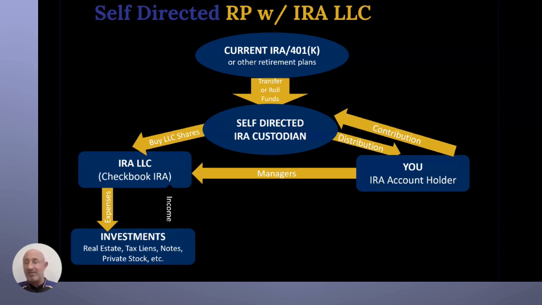You're writing the checks, the IRA is not. And then that IRA is taking title to investments and receiving the income and that type of thing. If you do want to distribute to yourself, you don't do that out of the LLC. You would do that out of the self-directed IRA. So you would actually have to send money back up to the self-directed IRA from the IRA LLC to make any distributions out to yourself.